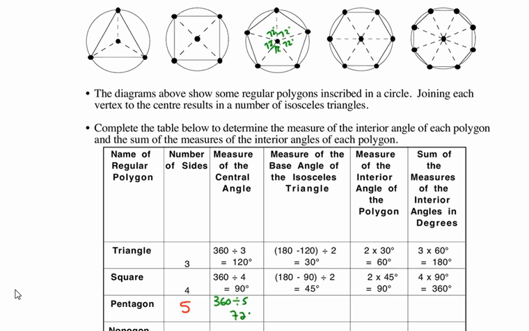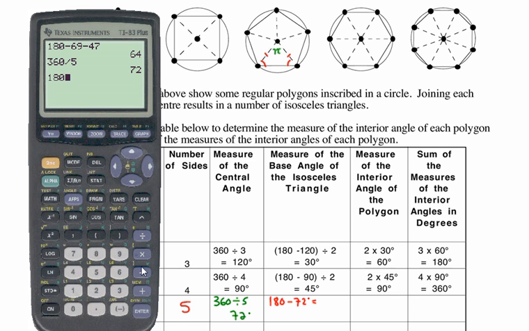They're all 72. Now for the sake of space, I'm just going to write one of them as 72 degrees. Now we talked about how each one of these is a radius, right? And so these angles are equal. And we know it all adds to 180, so if I take 180 degrees and take away my 72, that's going to give me how much? 180 minus 72 is 108.